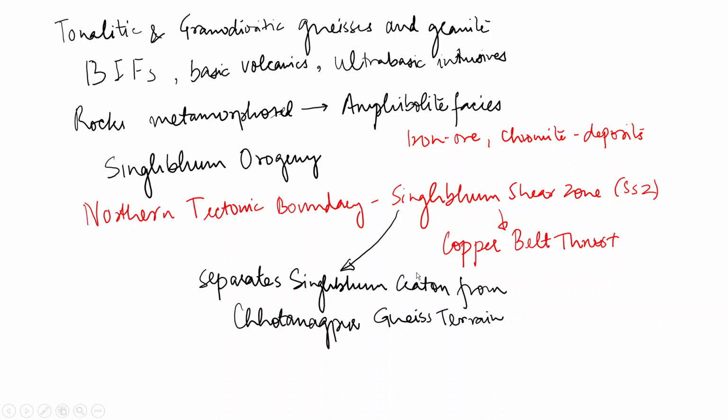Now, the northern boundary was marked by the Singhbhum shear zone, also referred to as the copper belt thrust, while the southern boundary is marked by the Sukinda thrust.